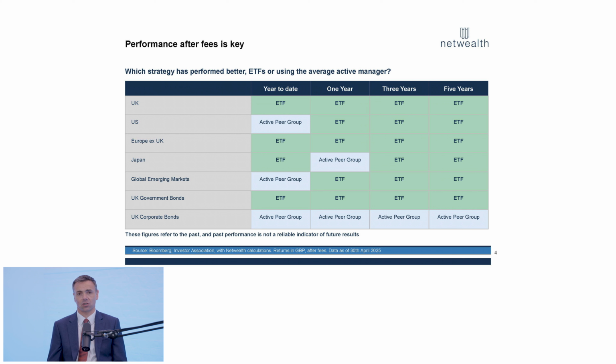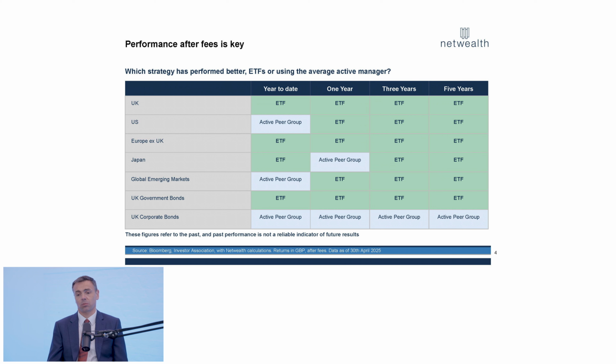And the rationale for that is that more often than not, in more asset classes than not, over a range of different time periods, we've found that investing in a passive instrument delivers more value after fees than choosing active managers. We've got an example on the screen at the moment which shows, over a range of different time periods, whether an ETF or the average active manager has performed better in different key asset classes.